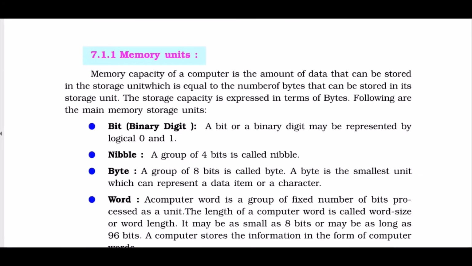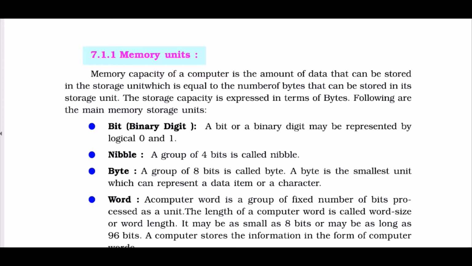Memory units. This is very important for a basic memory. Memory capacity of a computer is the amount of data that can be stored in the storage unit, which is equal to the number of bytes. Now, what is memory capacity?